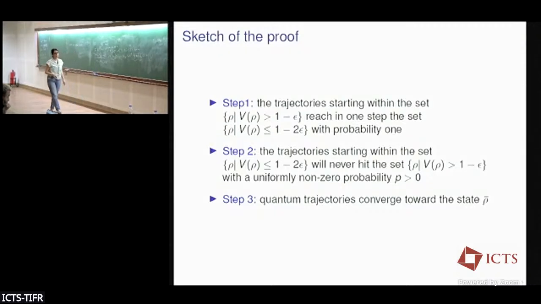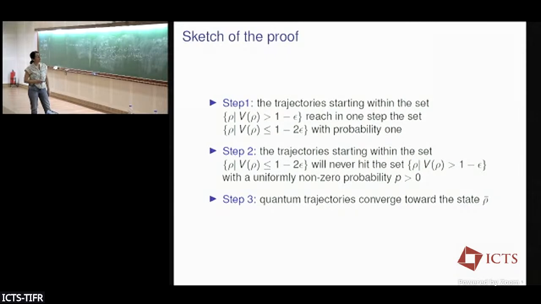So you show that the trajectories which start close to the target will never hit the original set, with a uniform non-zero positive probability. And if you have these two, then, as they show nicely in this paper, the trajectories converge to the target state rho bar.